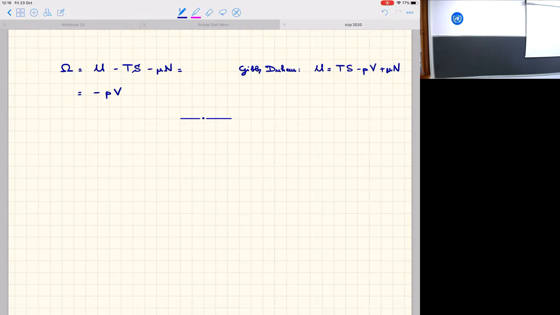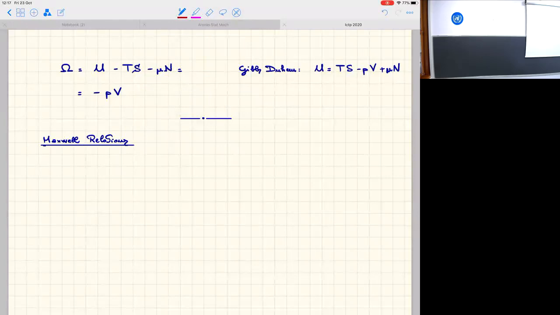Okay, so one final thing that is crucially important is to remember Maxwell relations. So what are Maxwell relations? Maxwell relations are the consequence of the fact that these are exact differentials.